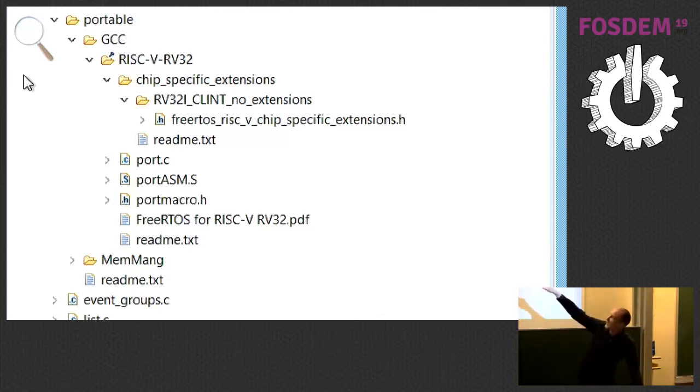So when you open the project, you can see the same architecture that I gave before. Now here we see the chip-specific extensions, and I'm selecting this header file from the directory that says there's a CLINT and no extensions.